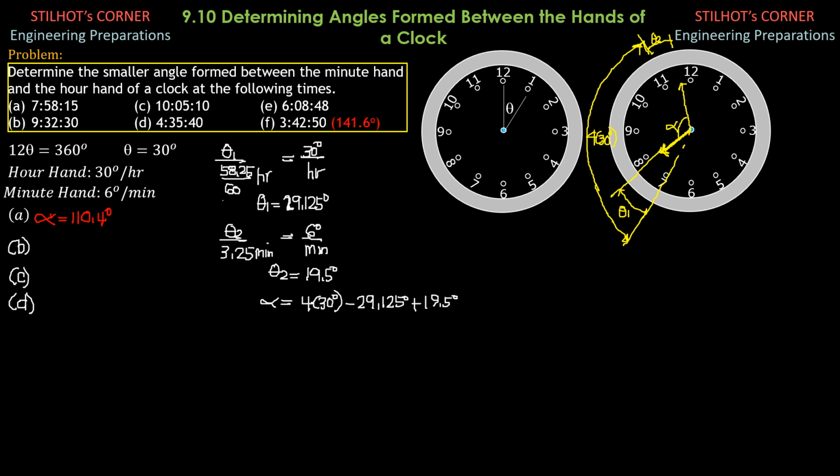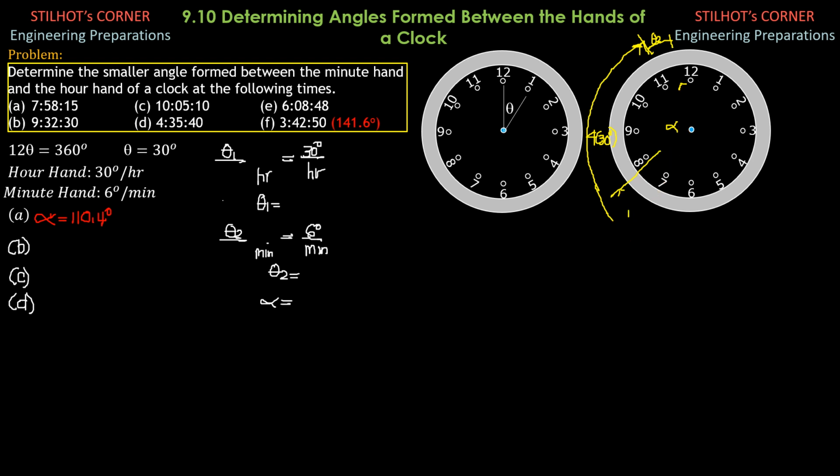So let's proceed to part D by erasing these values, because we're going to proceed to the next time period, which is 9:32:30.